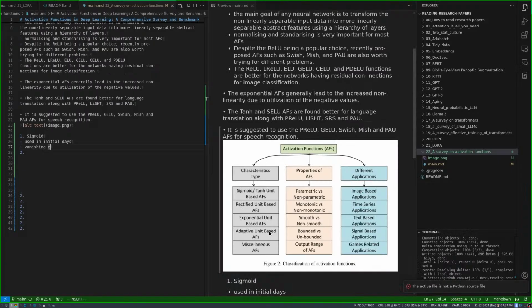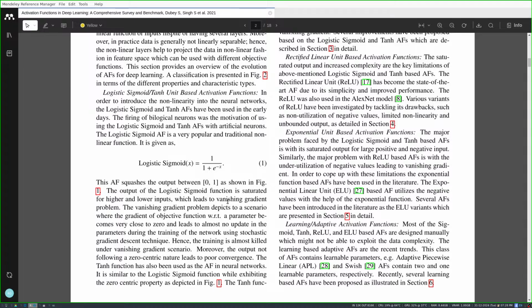Vanishing gradient problem. Also, the output is not zero-centric, which leads to poor convergence.